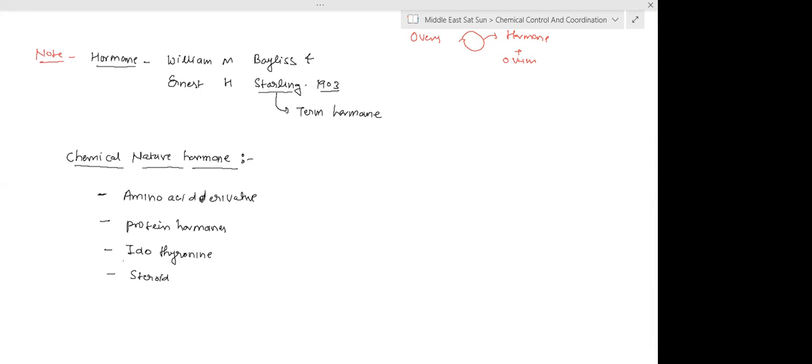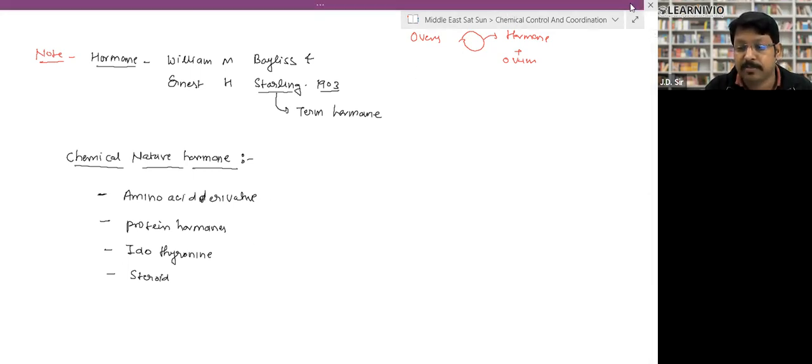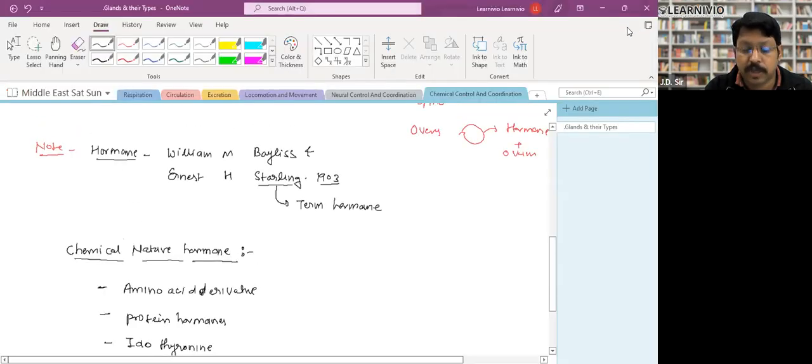Yes, sir. So one more important thing which is important for your school examination: the difference between hormone and enzyme. It's not that important for your medical examination, though they may ask it some day. For school, in a three-marker descriptive question, they can ask you to mention the difference between enzyme and hormone.